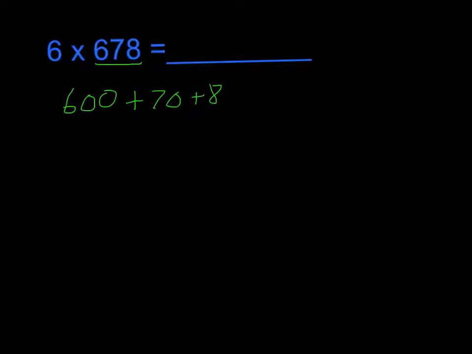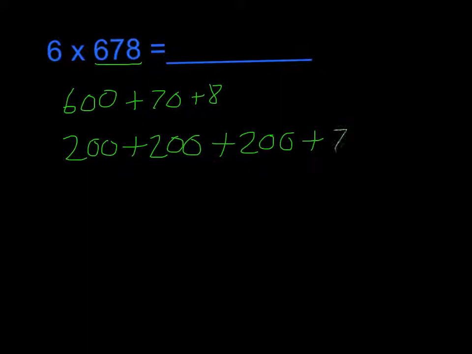And I can do that, or I could separate it out and say, well, 600 is like 200, since 2 times 3 is 6, so we could do 200 plus 200 plus 200 plus 70 and plus 8.